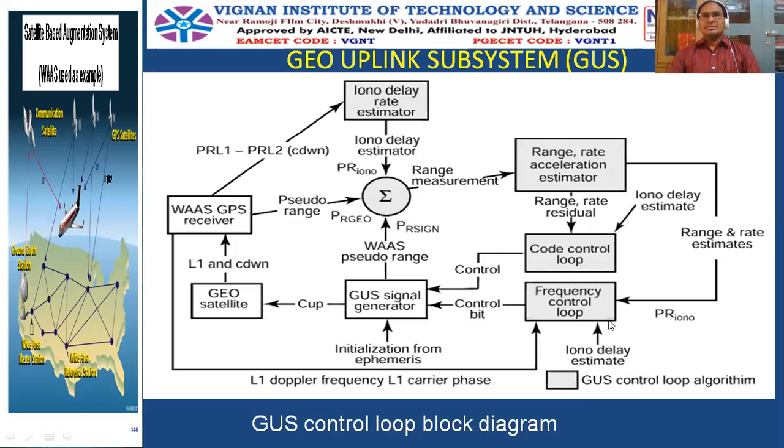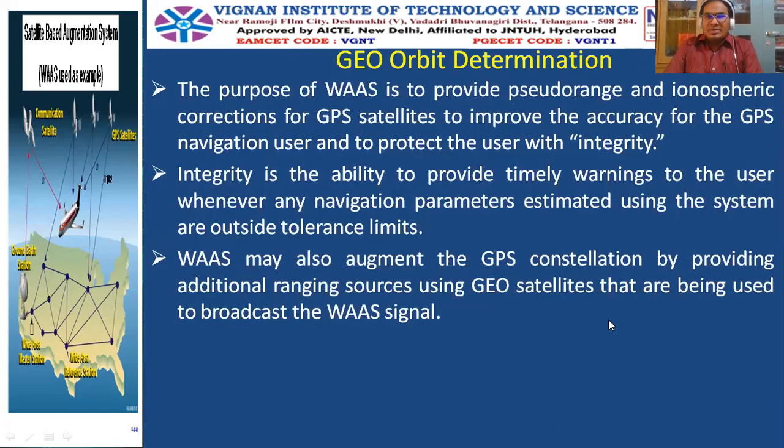Okay, right. The next important one is the orbit determination of the GEO satellite. To determine the orbit for the geostationary satellite, we are using a separate algorithm, which we will understand now. The purpose of the wide area augmentation system is to provide the pseudo range and the ionospheric corrections.